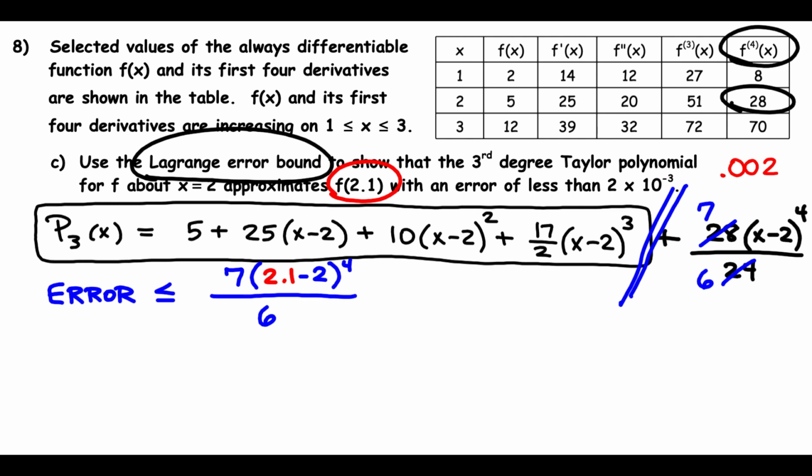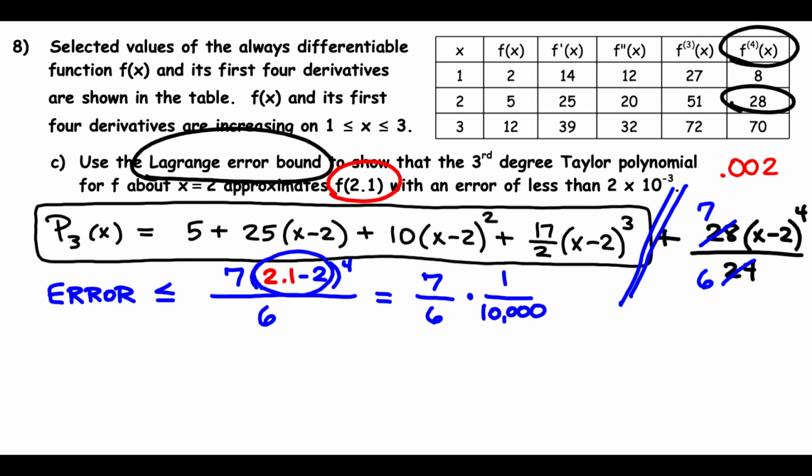Let me try to see what this is. I can see the 7/6. I'll make that its own fraction. Inside here, 2.1 minus 2 is going to be 0.1 or 1/10. And 1/10 to the fourth, 1 times 1 times 1 times 1, that's just 1. 10 to the fourth, 10 times 10 times 10 times 10, that's 10,000.